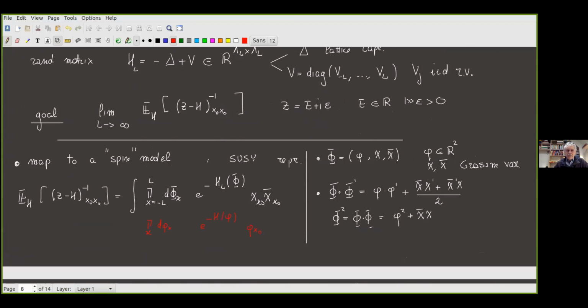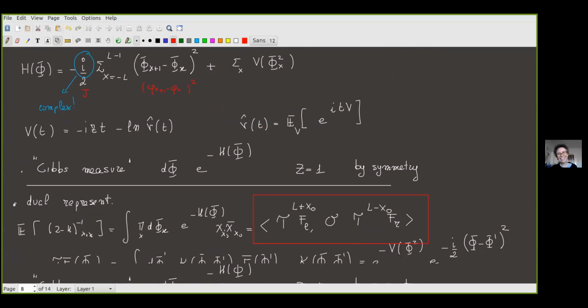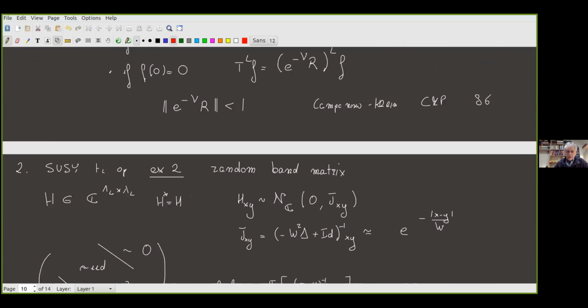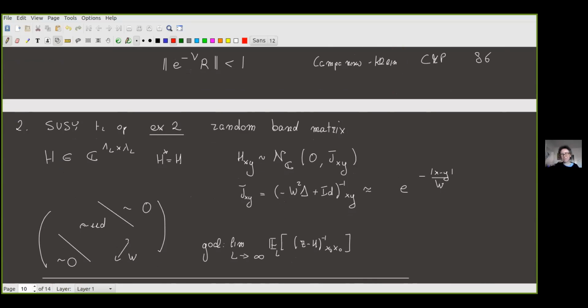Well, I'm asking about these random Schrödinger or random band matrix. What can one show about these random operators which one cannot prove without supersymmetry?